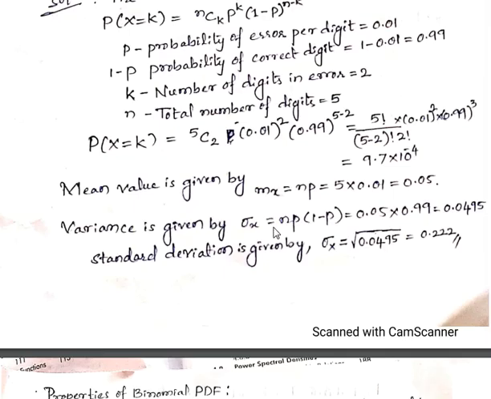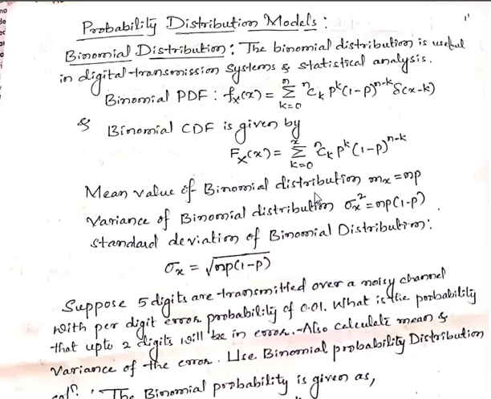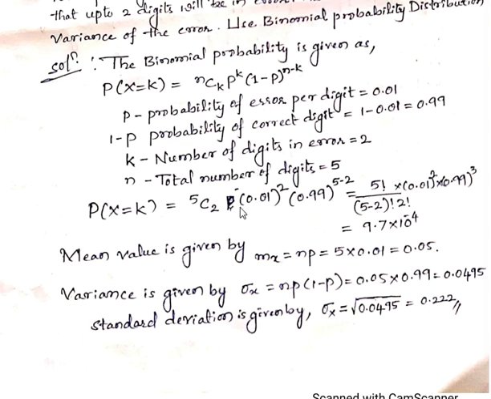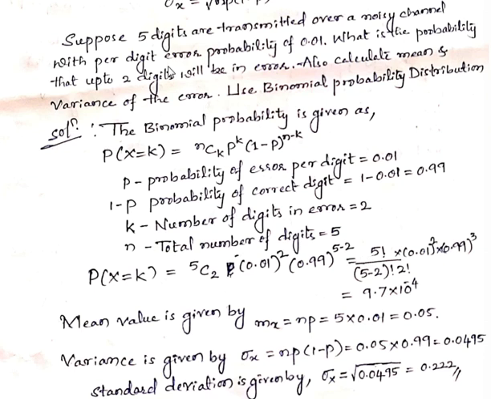And the mean value is given by m_X, which is np, as per the formula we have learnt in discrete random variables. So it is n into p, where n is 5 and p is the error probability. The probability of error per digit is 0.01.